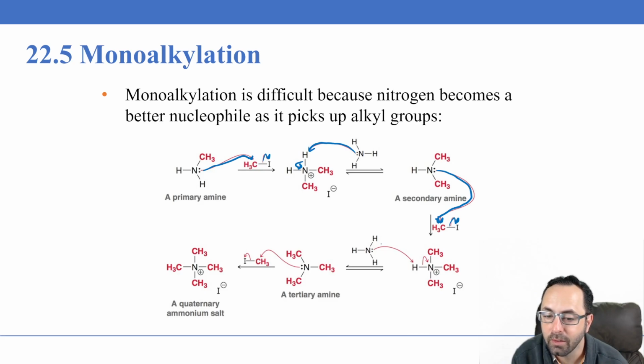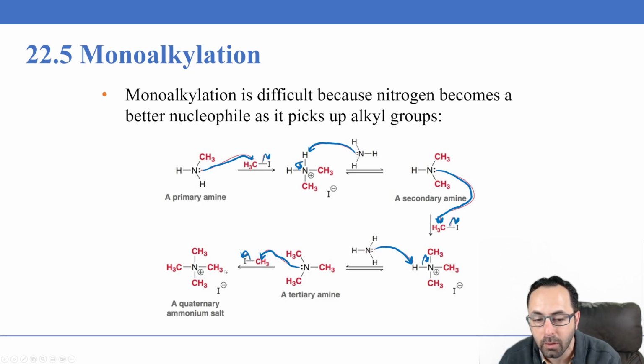And as long as there's methyl iodide remaining, this can continue, and then we'll get the removal of the proton again, and this is where we can create the quaternary ammonium salt, because now with this tertiary amine, we still have a nucleophile that can attack, in this case, the methyl iodide, another SN2 attack of the carbon, loss of leaving group, and here finally we have the quaternary ammonium salt.